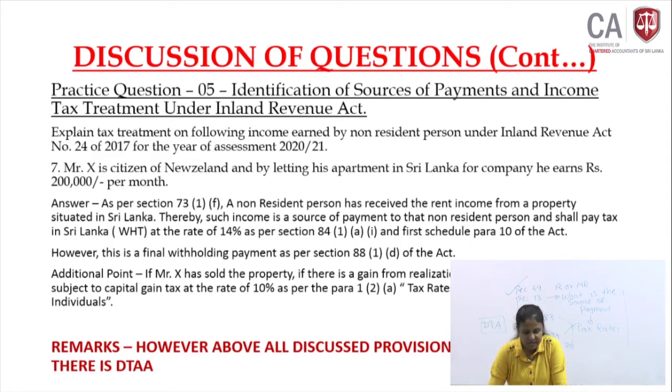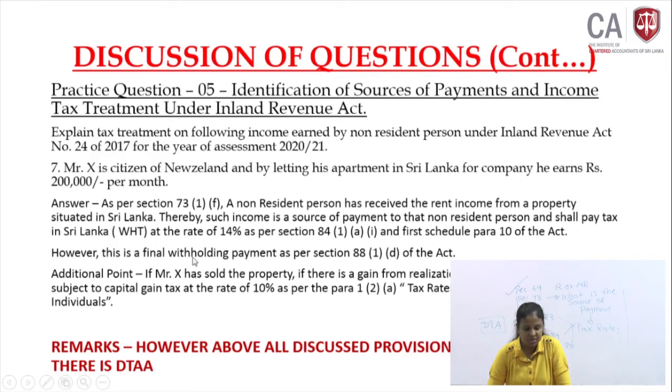If Mr. X has sold the property, that means this apartment situated in Sri Lanka, and there is a gain from realization of that investment asset, because this apartment he has given for rent and is receiving income, this is an investment asset.